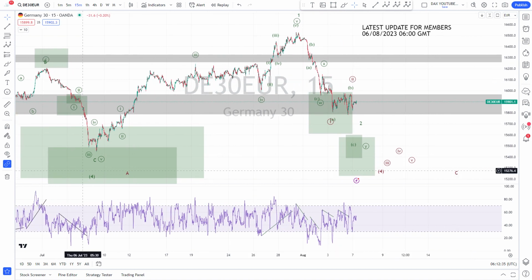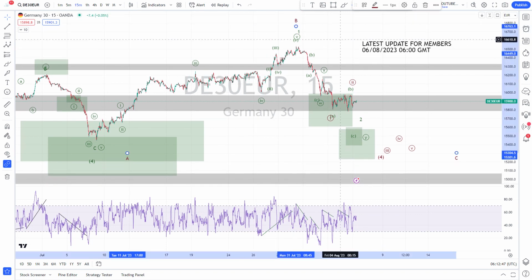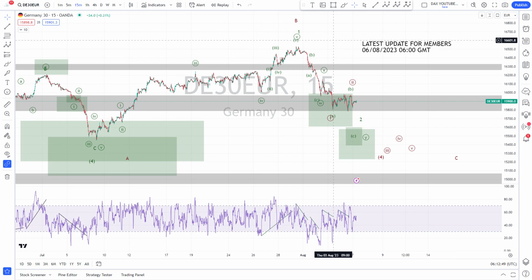So this here is the wave 4 low. This here is our new high. So either as a wave 1 or as a wave B, depending on which scenario you take.